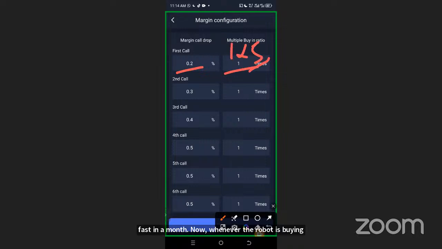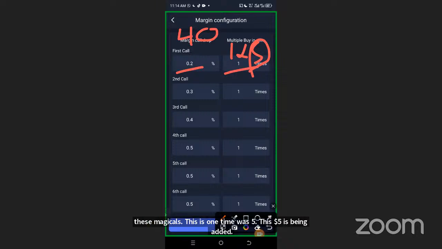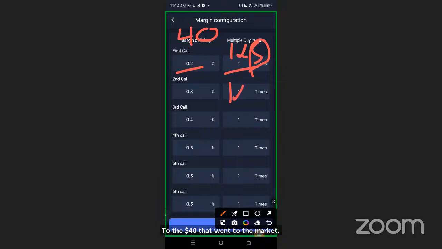This $5 is being added to the $40 that went to the market. If it buys again here, it is being added to that one which went to the market at first.